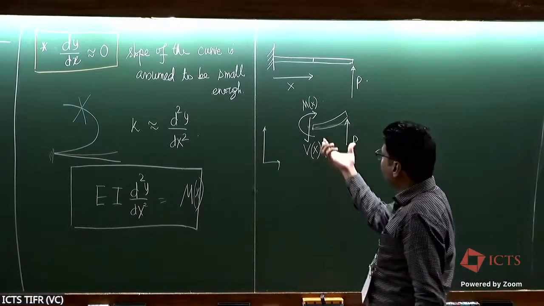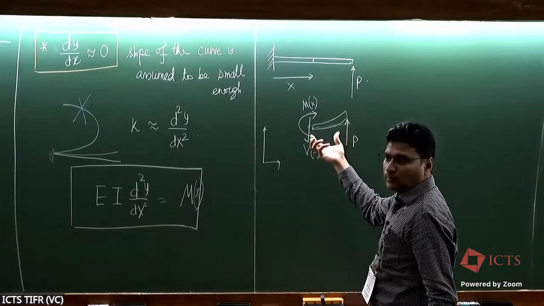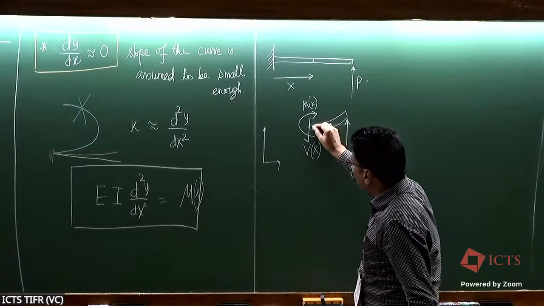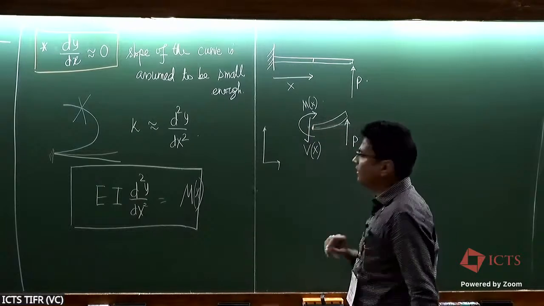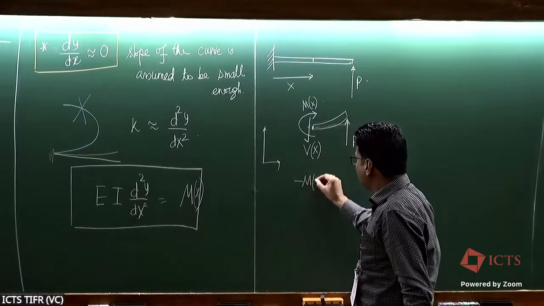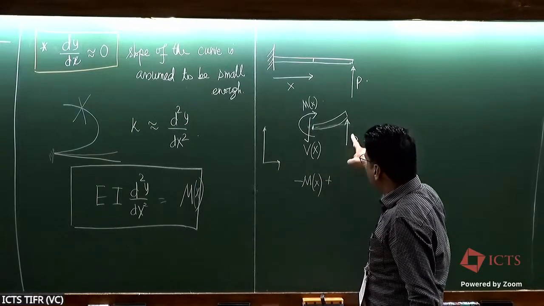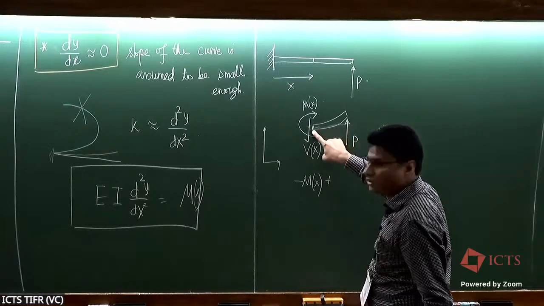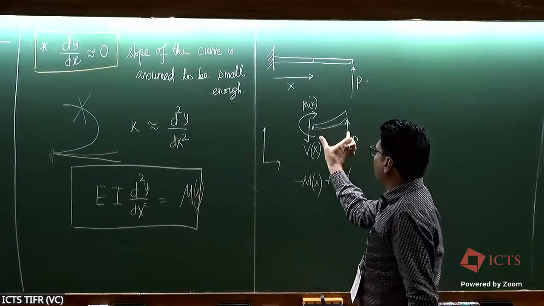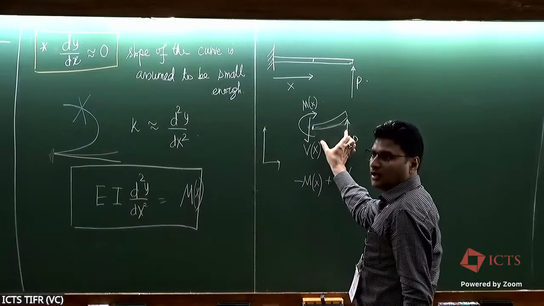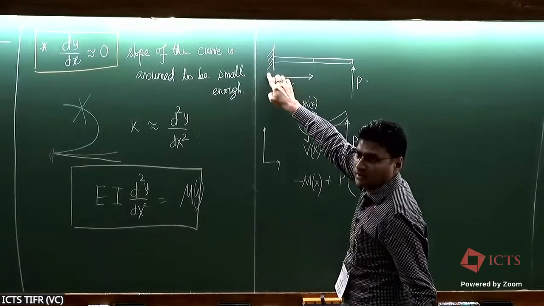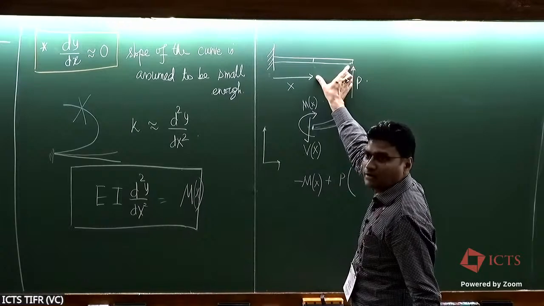Now, you have this segment, you can do the moment balance. Let's say you do moment balance about this point itself. You have negative m of x plus moment of this load P about this point, which is going to be P times this distance. Now, as you are x away from the clamped end, this is L minus x.